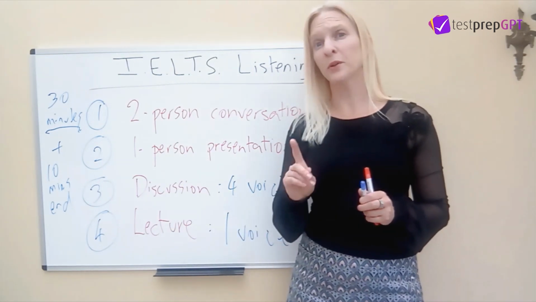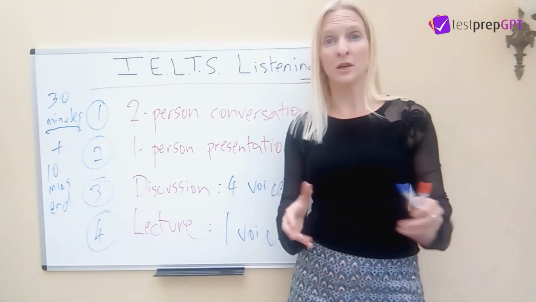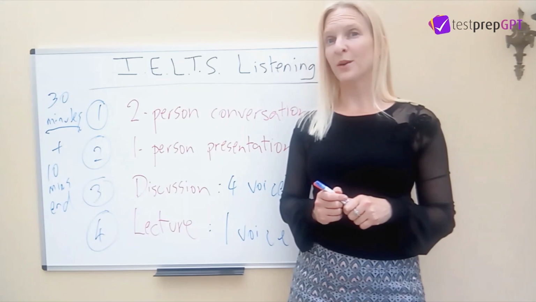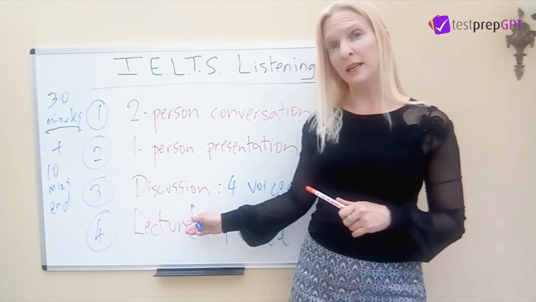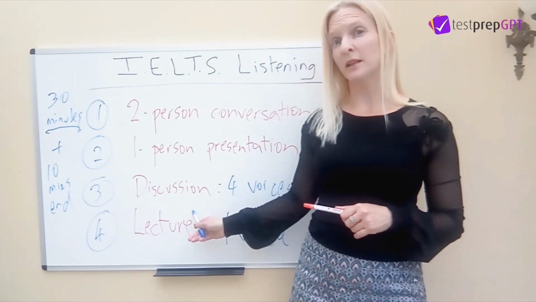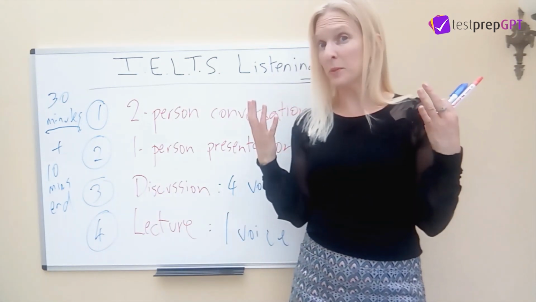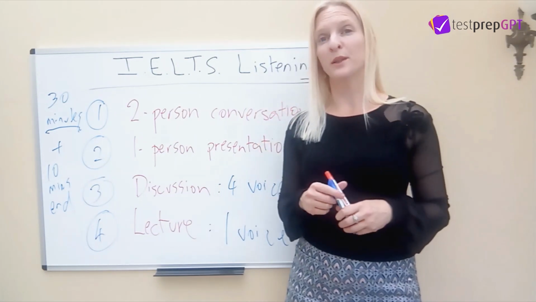It's one person speaking about, generally, again, an academic topic. It could be something quite technical. Most students feel that section 3 is the most challenging part of the listening because you hear 4 voices, 4 accents possibly. So it's good to be prepared for different accents.